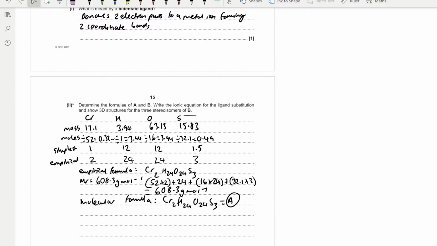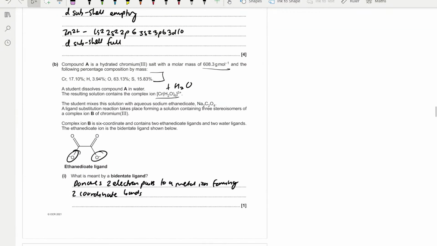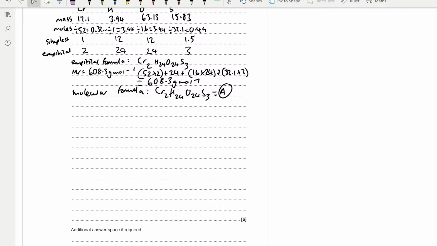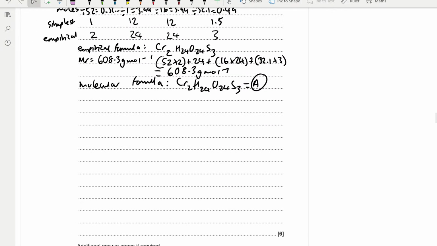And then we know that compound A is a hydrated salt. So if we account for all of the water, the hydrogens, that gives us 12 H2O in the hydrated salt formula, but that leaves us with 12 oxygens.